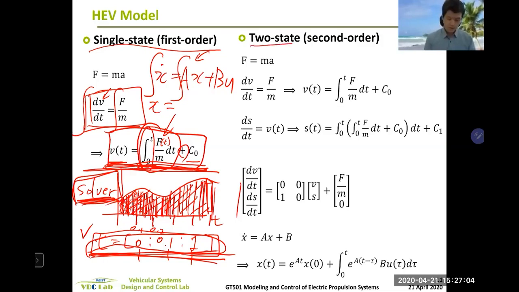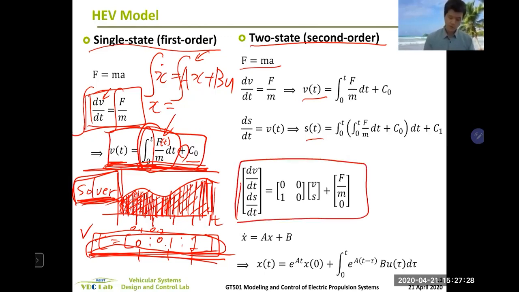Anyway, so if you move on to two-state second order system, now what happens? Well, start from F equal ma. If we are interested in both speed and position, then it becomes two-state as second order system. And we can express these in matrix form, right?